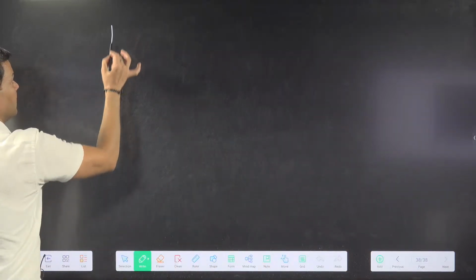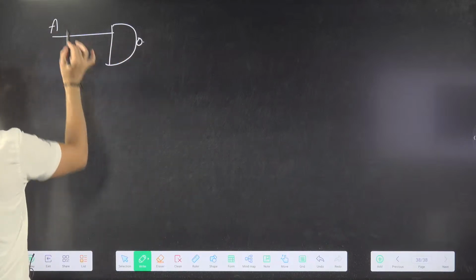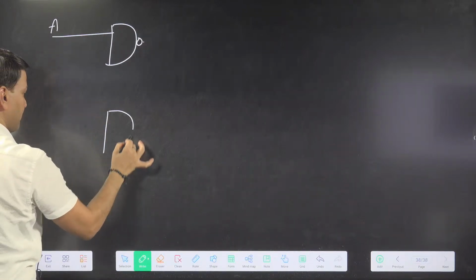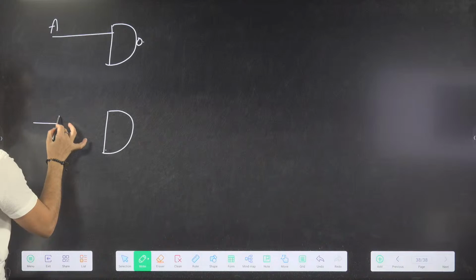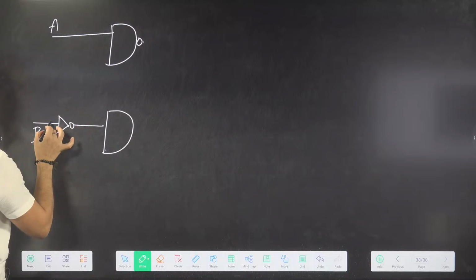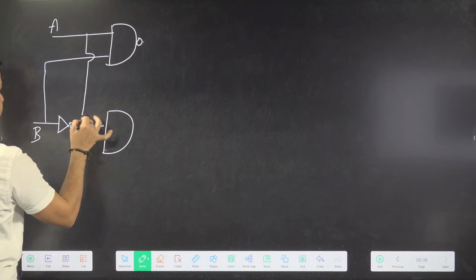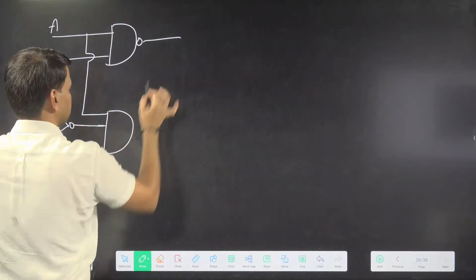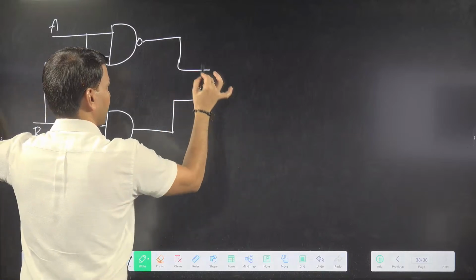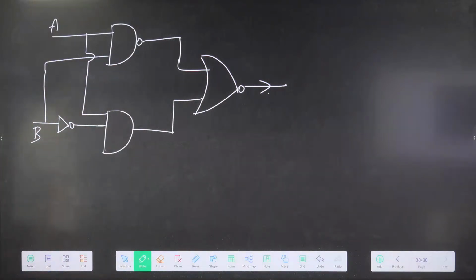Okay, now you will say this gate will behave like what? Suppose now I am saying it will be equivalent to the OR gate, NAND gate, AND gate, NOR gate.